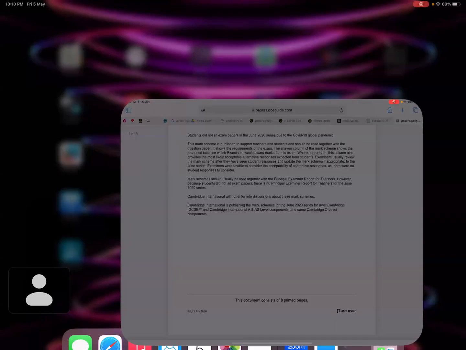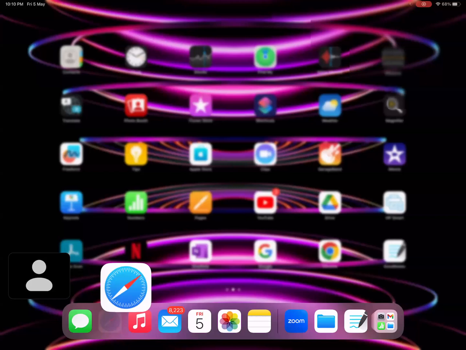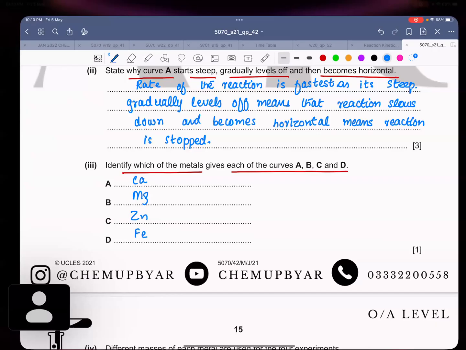Yes, is this clear? Yes, sir. So we can predict and identify the element, which also helped us.